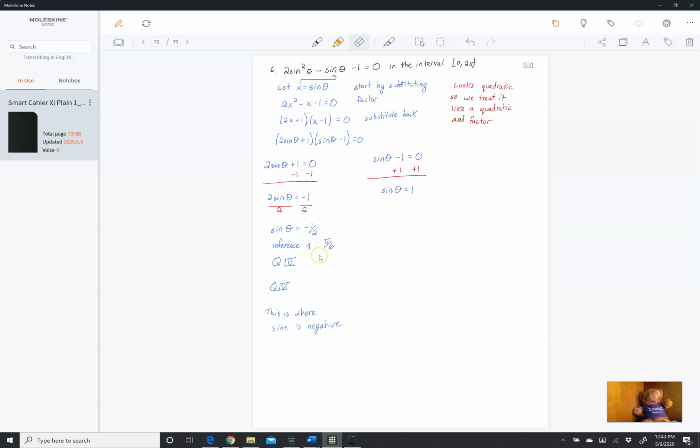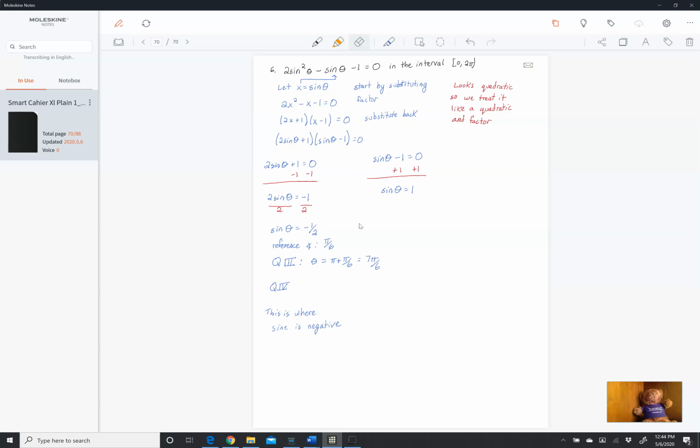That's up to you. In quadrant 3, notice we're writing theta equals. We're not writing x equals. That's because our original problem uses theta. Especially if you did the substitution, x would be incorrect. There is no x in this equation. So theta equals pi plus pi over 6 in quadrant 3. So pi is 6 pi over 6, so this is 7 pi over 6.